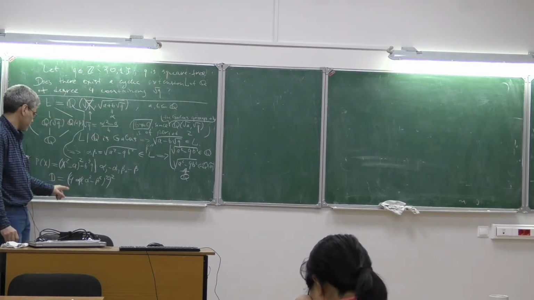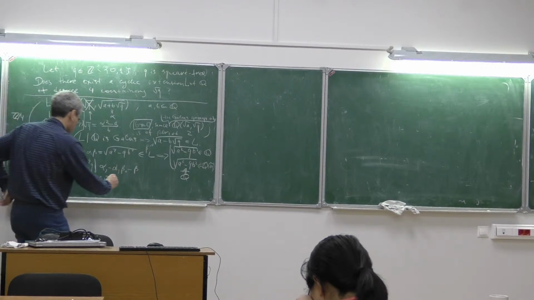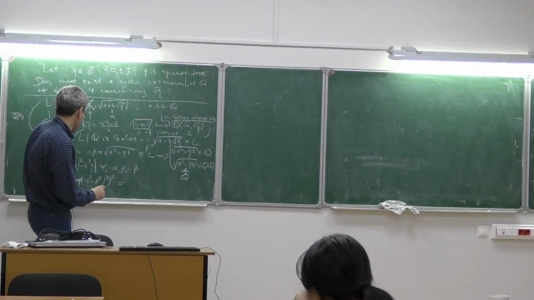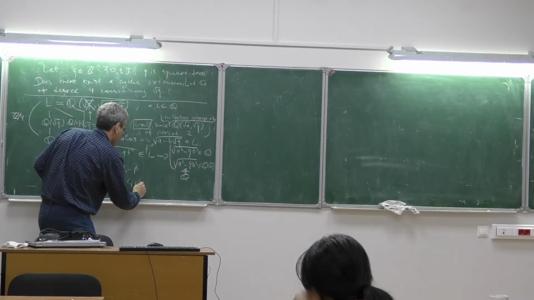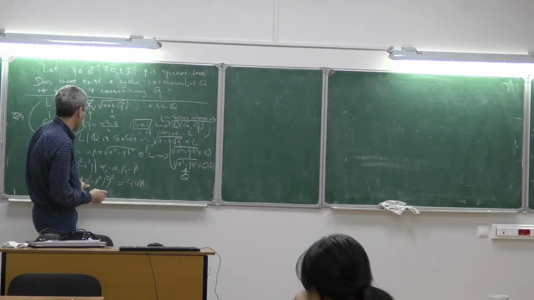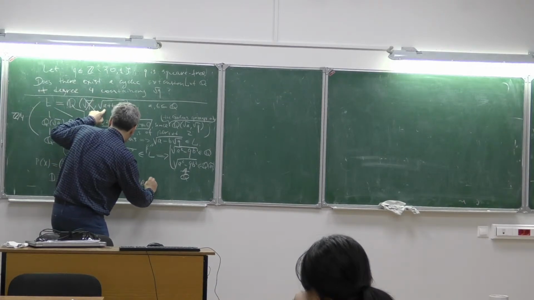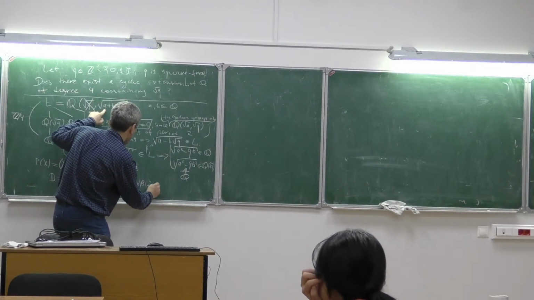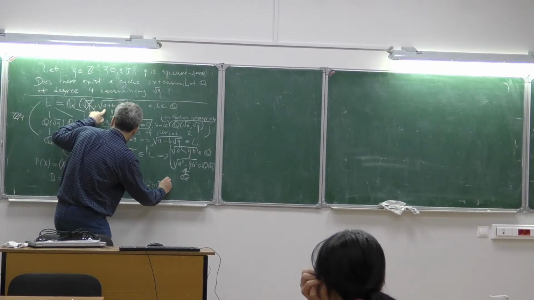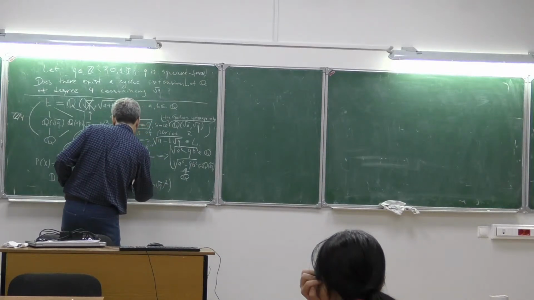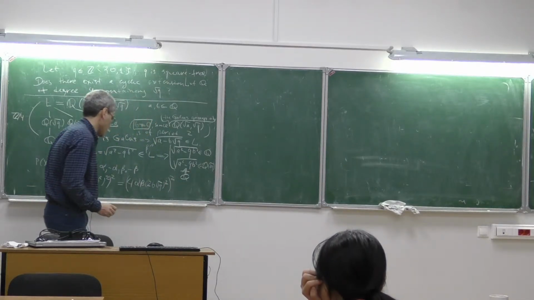So what is this? This is 4 alpha beta. What is alpha square minus beta square? What is alpha beta? Yeah, it is twice b square root of q, square, and square.